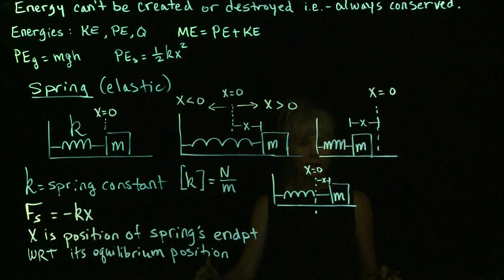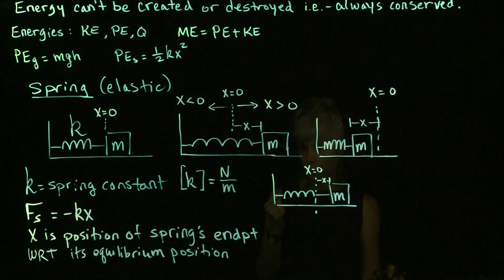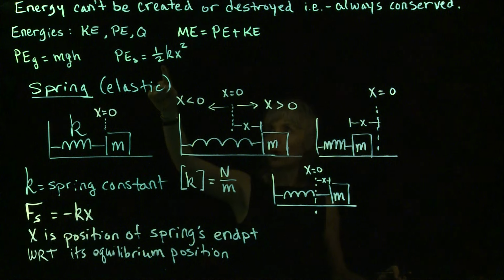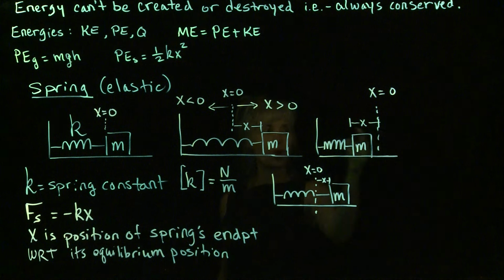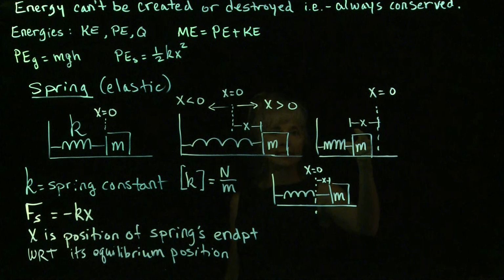All right, so the potential energy associated with the spring, remember, is 1/2 kx squared. So notice it doesn't matter whether I expand the spring a distance x or compress the spring a distance x.